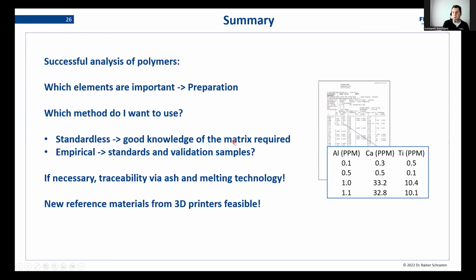Then we need to know our sample and the matrix. If we want to go for an empirical, more classical approach, we have to think about whether standards are available, or whether I can use something else as a standard, and how I validate my results in the end. There is always the option to cross-check, for example, via RESH or melting technology. And the new 3D printed standards might be feasible. This will be something that develops over time.